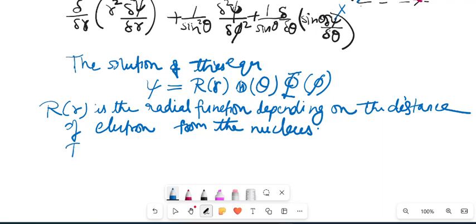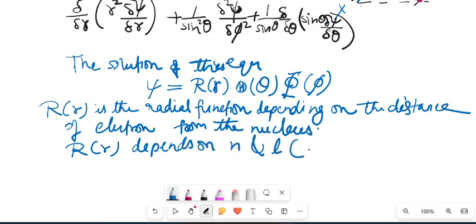And it depends on the quantum numbers n and l. These two are the quantum numbers.